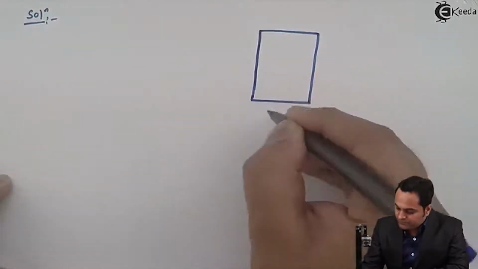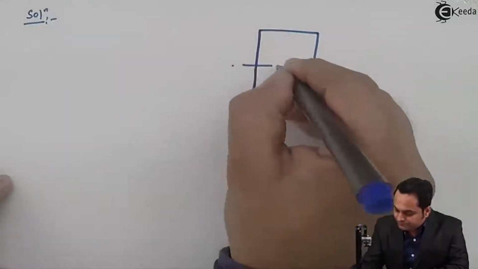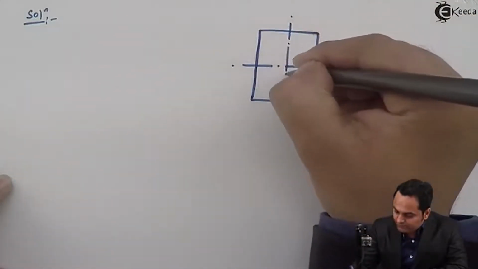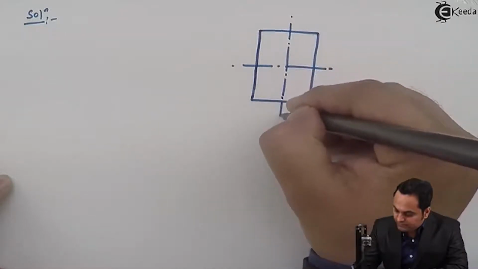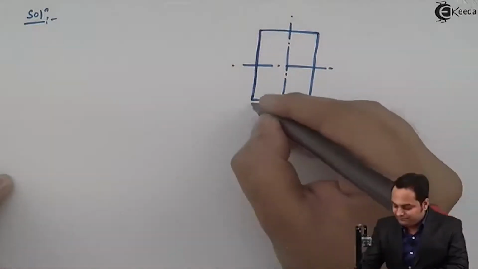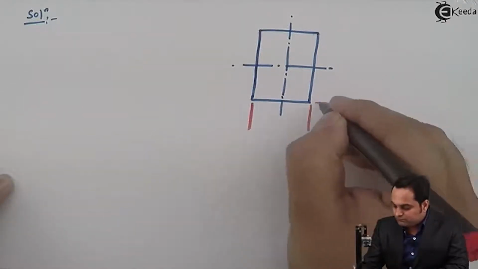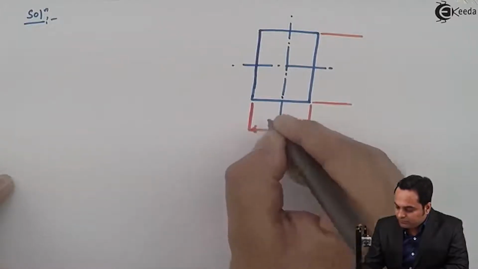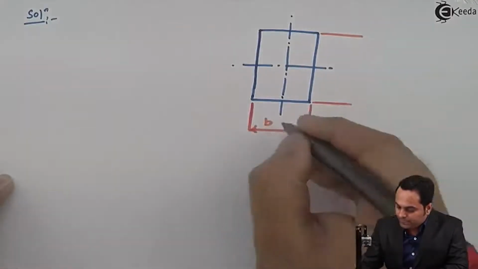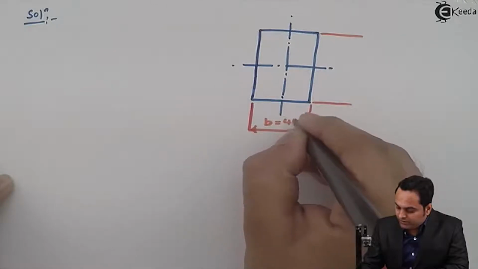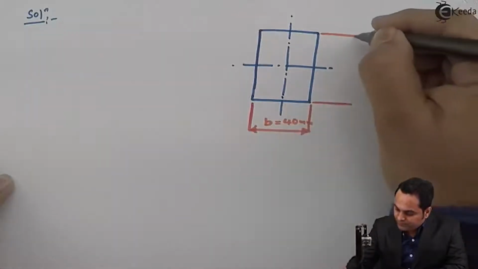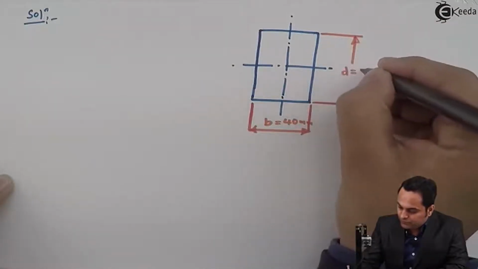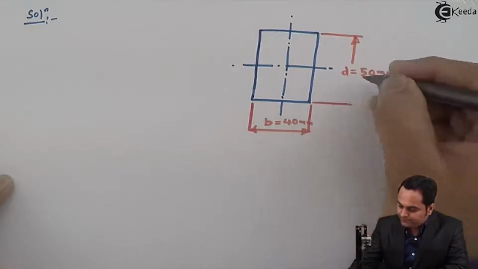Now, this rectangle will have width equal to 40 and depth will be 50. So this will be the width of the column, which is 40 mm, and here we have the depth of the column, which is 50 mm.